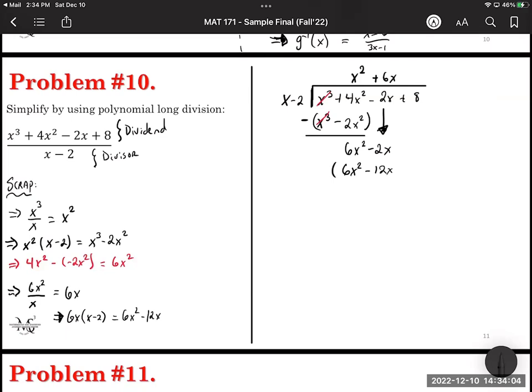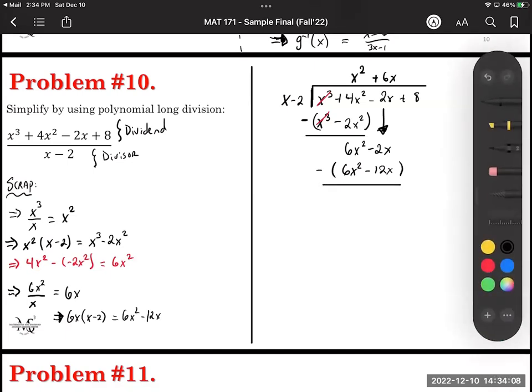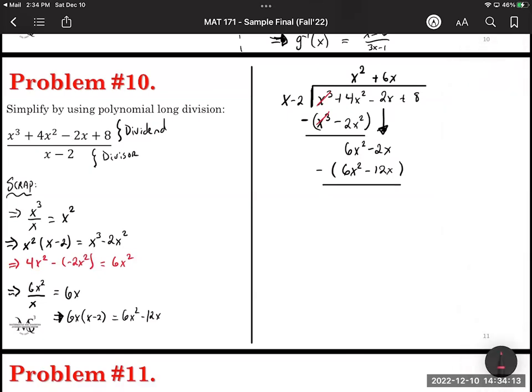Okay, and of course I subtract again. What happens when I take 6x squared minus 6x squared? Zero. That goes away.